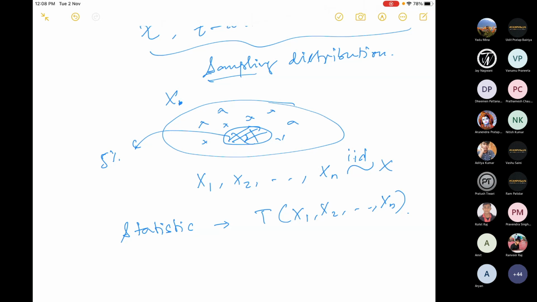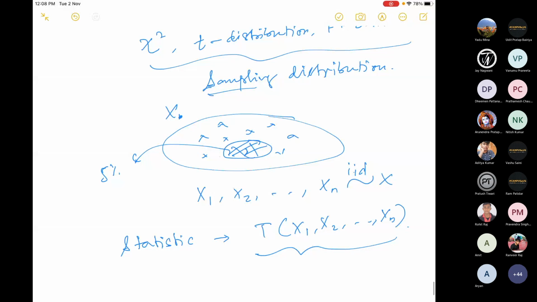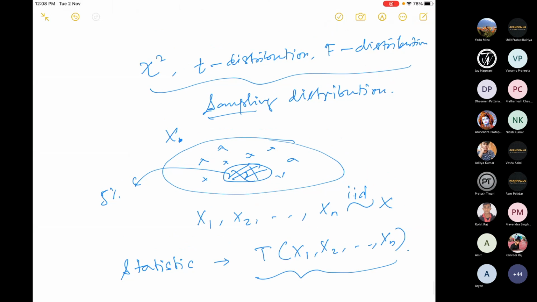This statistic is a random variable, so it must have a distribution, and that distribution is called a sampling distribution. And we have seen that if we take very specific kinds of functions, then the distributions of those statistics are chi-square, T distribution, or F distribution. These are the primary sampling distributions which we talked about.